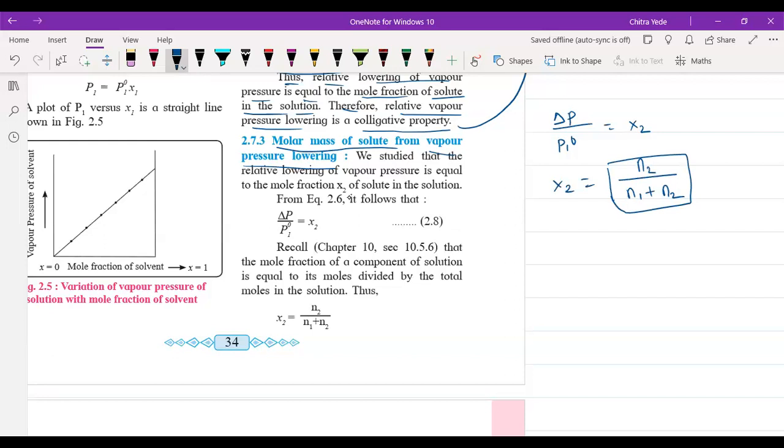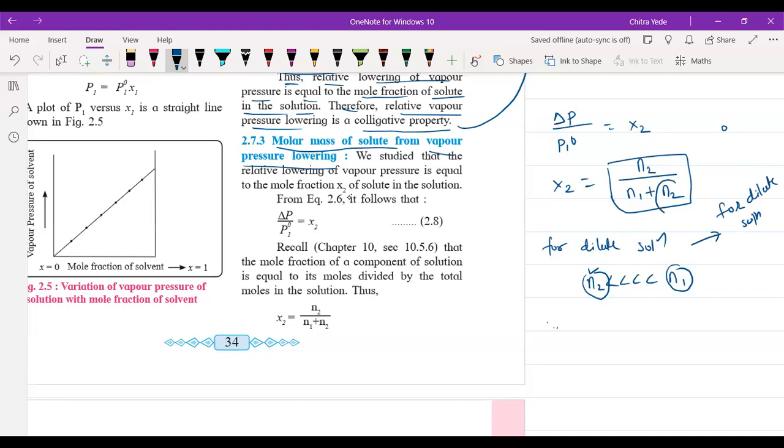But if we are discussing a dilute solution, the number of moles of solute will be very small compared to the number of moles of solvent. Suppose in 1 liter of water we dissolve only one piece of sugar or salt. Will it change the concentration much? No. So for a dilute solution, the number of moles of solute is very small compared to the number of moles of solvent.